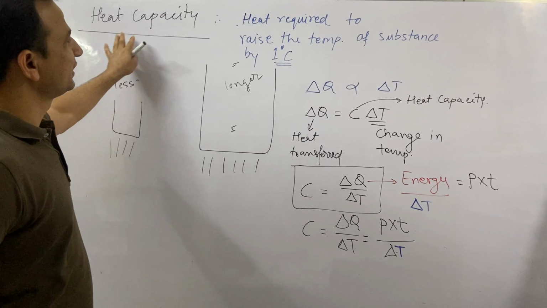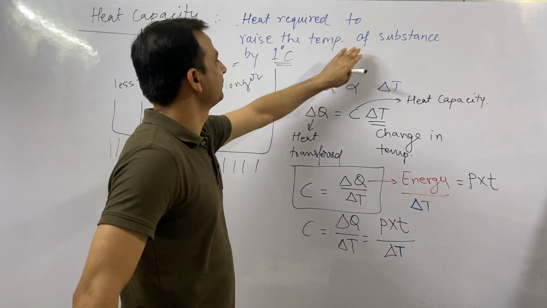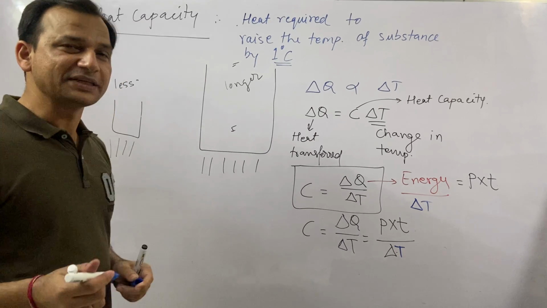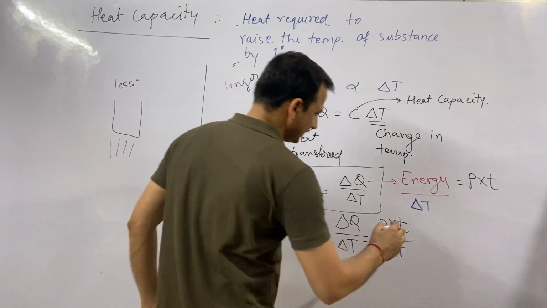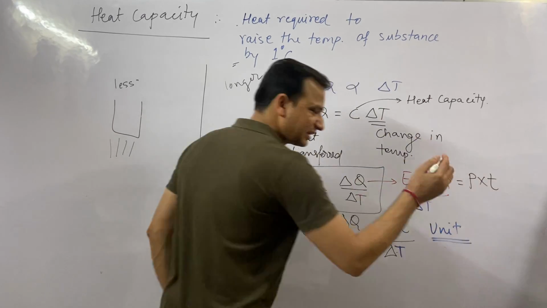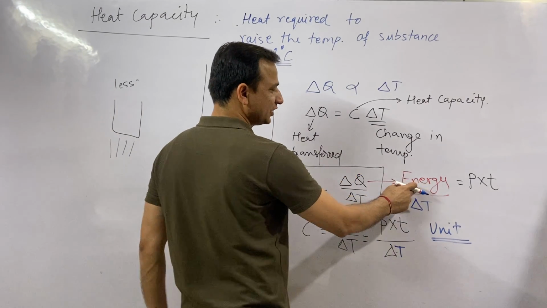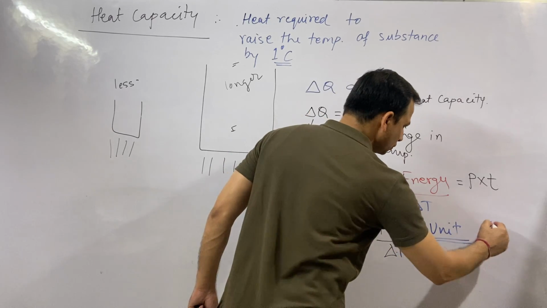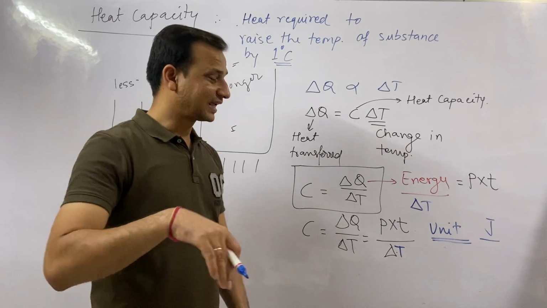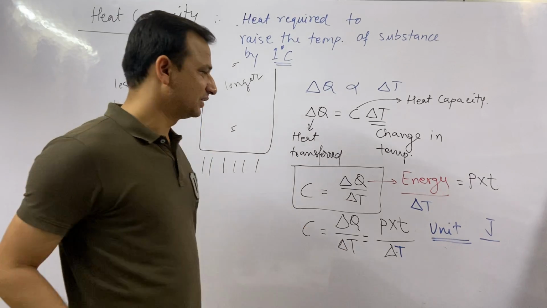So this is heat capacity, and just once again, the heat required to raise the temperature of a substance by 1 degree Celsius. Now the next thing is, what is the unit of heat capacity? Some of you may have already guessed, delta Q is energy, and the unit of energy is joule, and the unit of temperature is Kelvin, or you can use degree Celsius also, depending on what is given in the question.